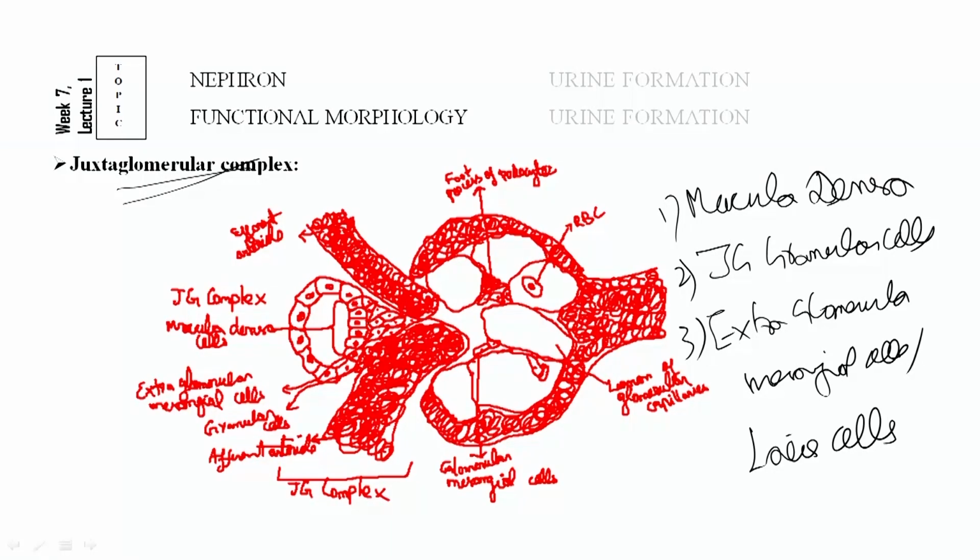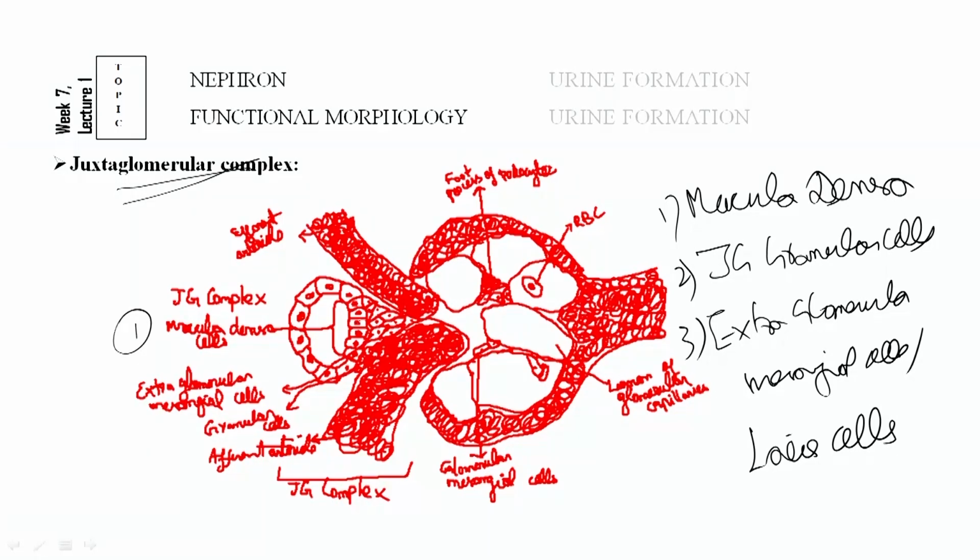When you see the distal convoluted tubule, when this distal convoluted tubule comes towards the afferent arteriole and comes in contact with the afferent arteriole and efferent arteriole, some of the epithelial cells get modified into thick granular cells, and these cells are called macula densa cells.